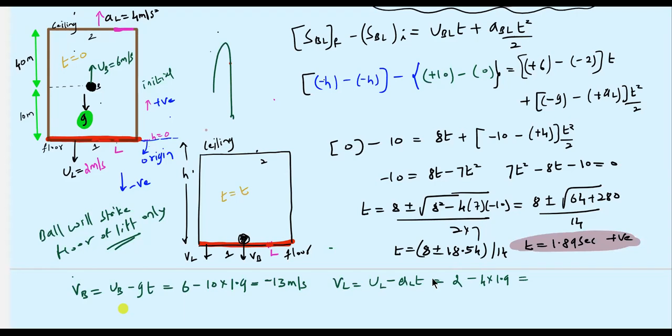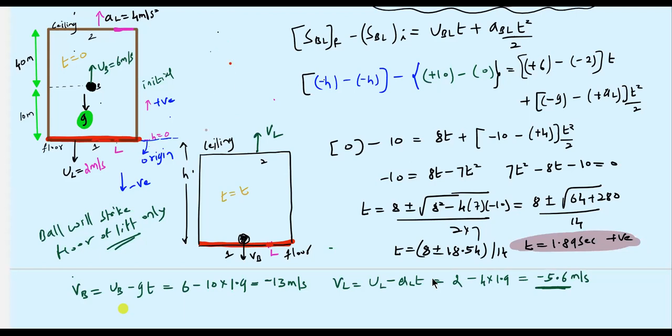The lift will be moving up. Getting this idea, I think. Why negative? Negative means opposite to UL. So 1.9 into 4, 7.6. So this will be minus. What do you mean by negative sign? Negative sign indicates that when the ball was striking the floor, the lift will be moving up.